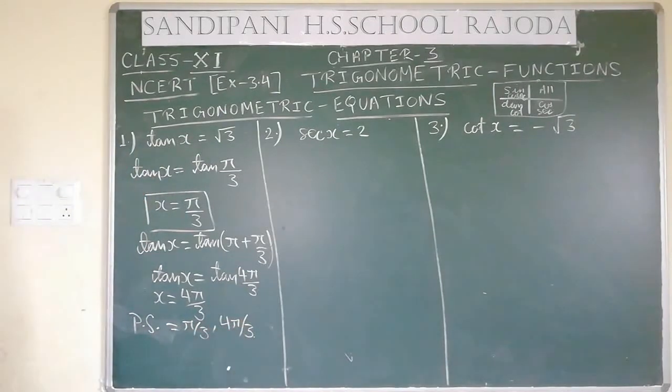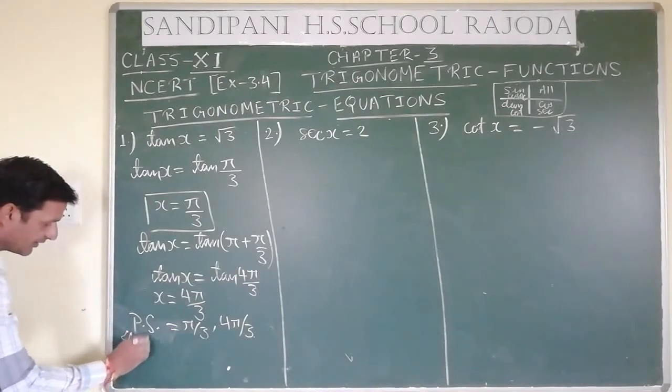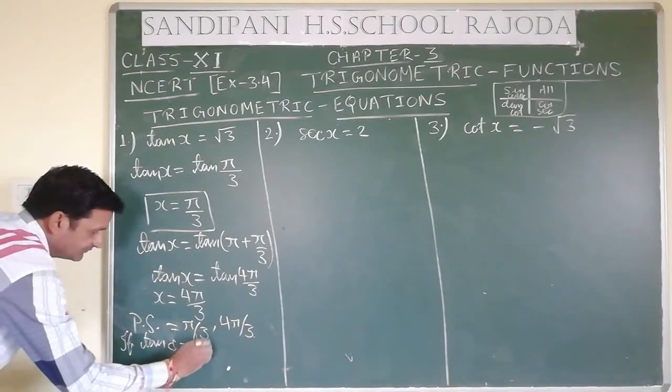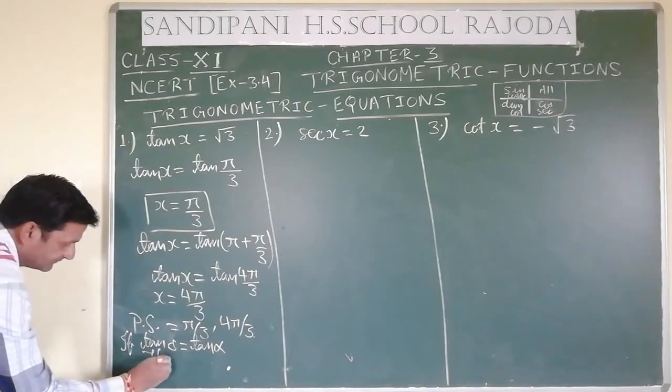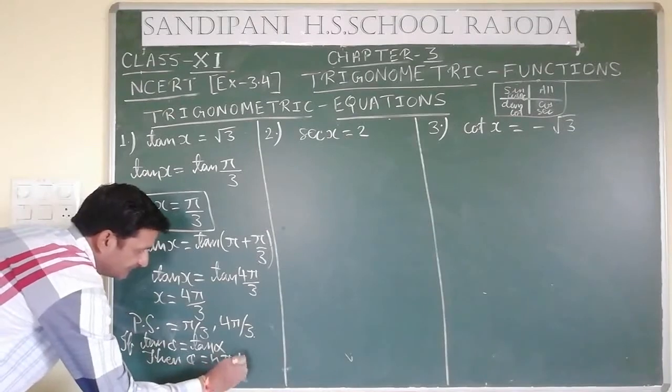What about the general solution? For the general solution, if tan theta is equal to tan alpha, then theta is equal to n pi plus alpha.